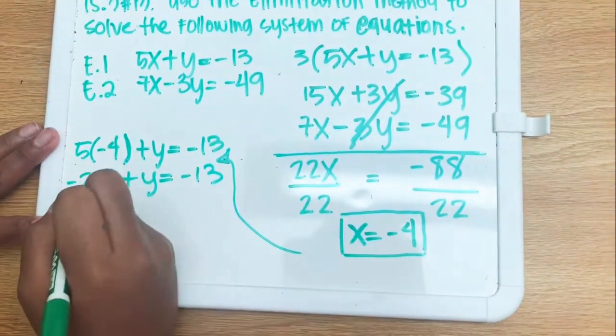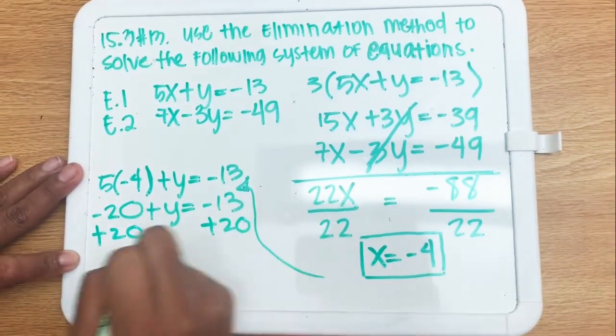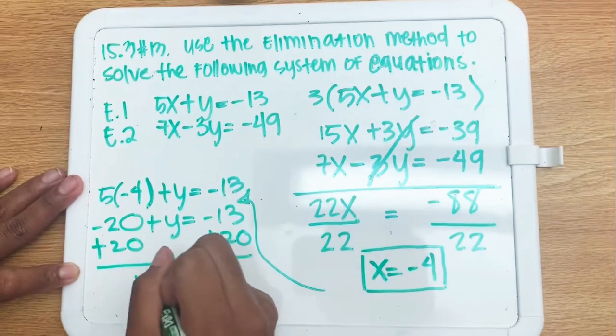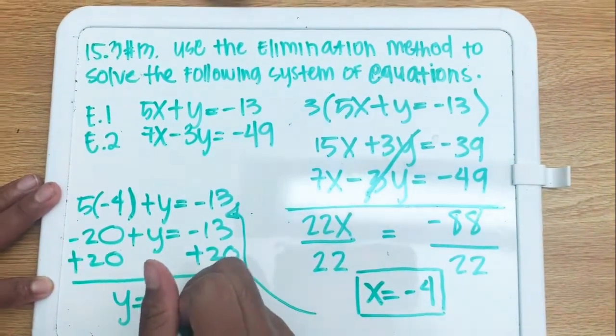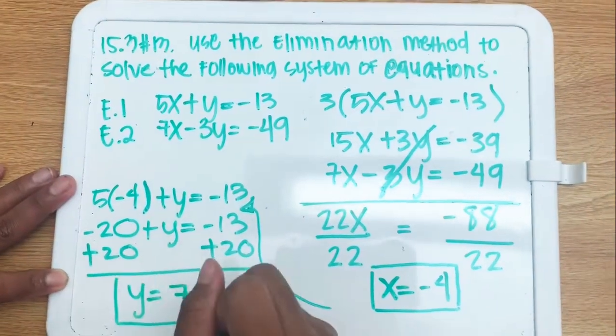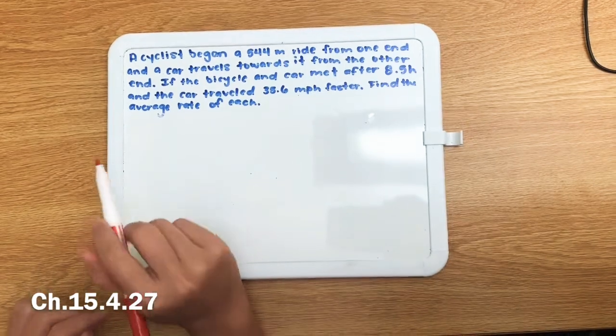Add 20 on both sides, and you're left with the y variable, and that gives you negative 13 plus 20 equals 7. That is your answer.